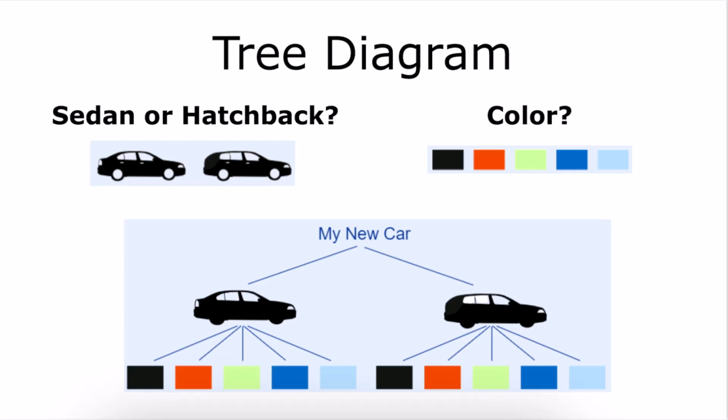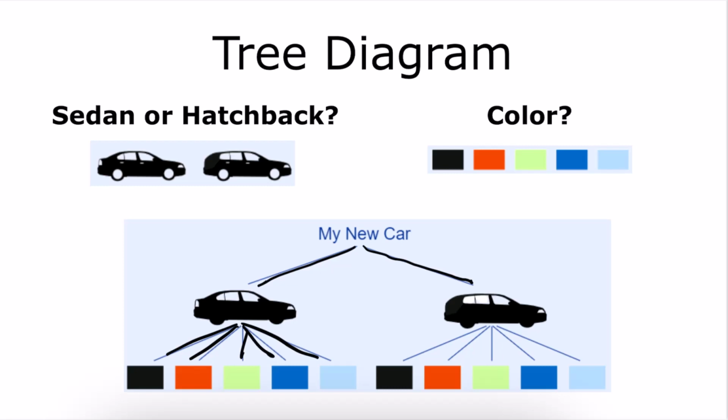So the first layer of your choice tree would have 2 branches because you have 2 choices between a sedan or a hatchback. And then branching off of each of those choices, you would have 5 branches because you have 5 choices for a color. And basically what this does is it lists all of the possible choices that you could make for the style and color of your car.